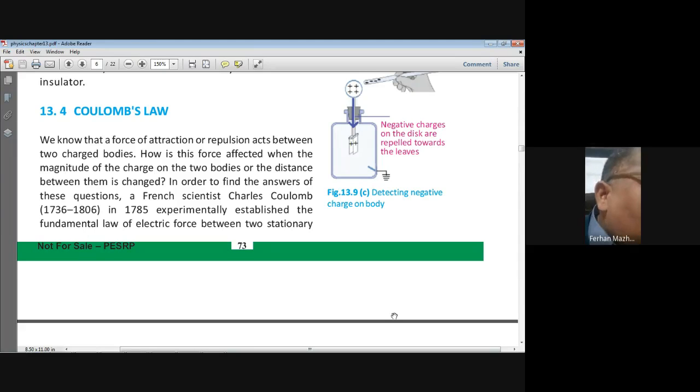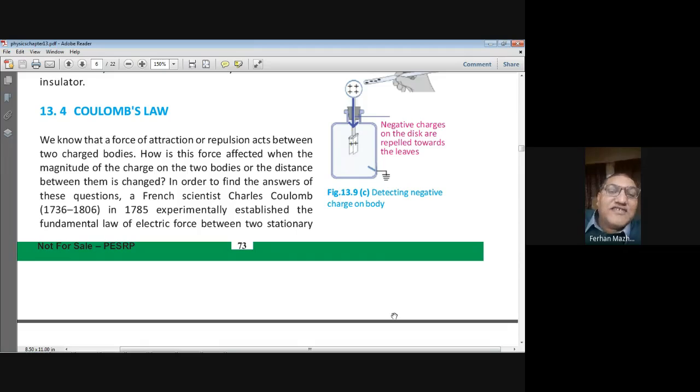So whenever you bring two charged bodies close to each other, what happens? They have a very strong force of attraction or a very strong force of repulsion. The one thing which in the next 5 minutes I'm going to tell you is not included in your syllabus.